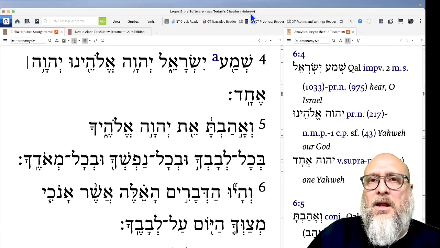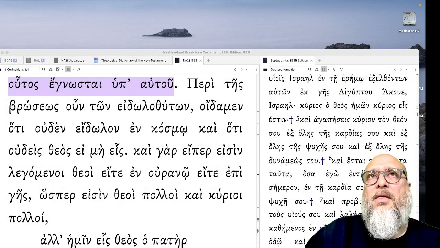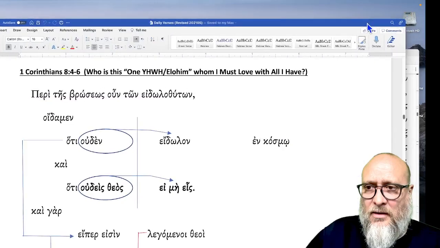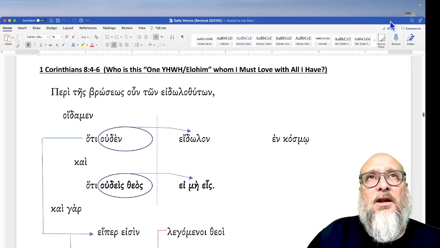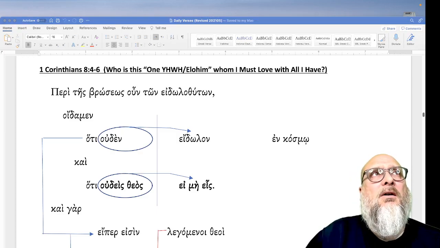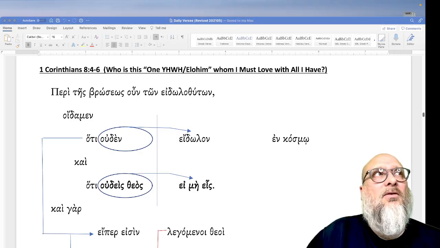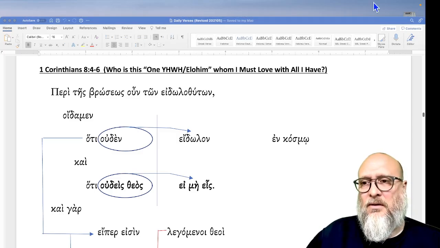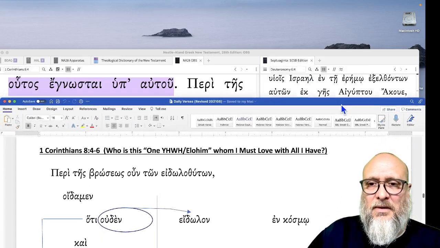What is incredibly interesting about that is how in the New Testament there's a place where Paul may be alluding to the Shema.